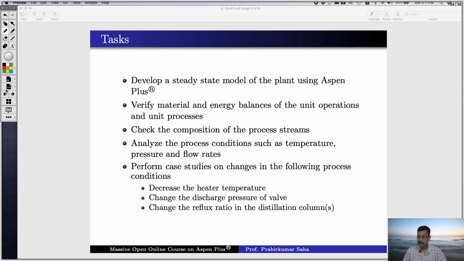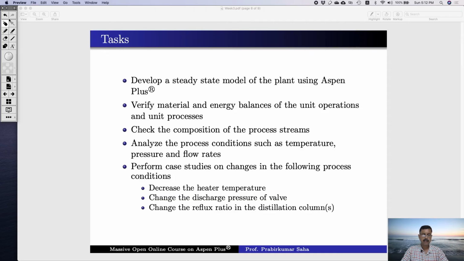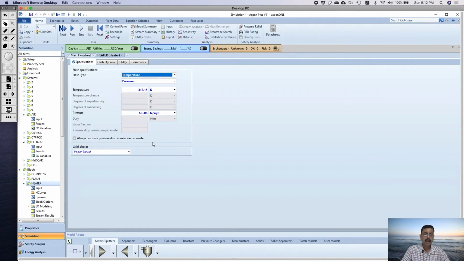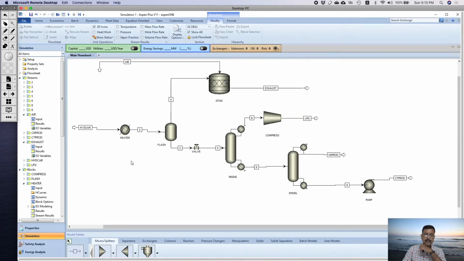Okay, so let us first go to, now here the temperature was 40 degrees centigrade. Let us decrease it to 30 degrees centigrade and see what happens. Okay, so please note that here the temperature, earlier it was 40 degrees centigrade, now it is 30 degrees centigrade.